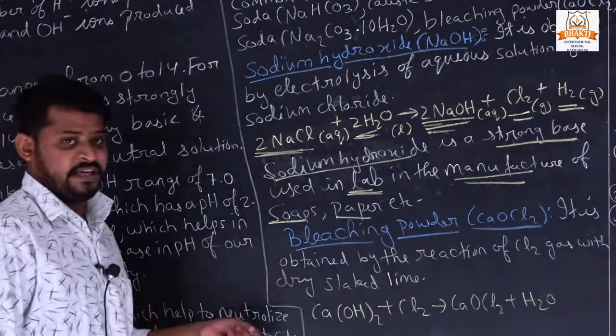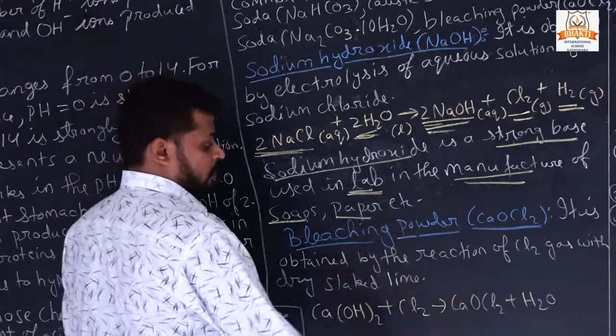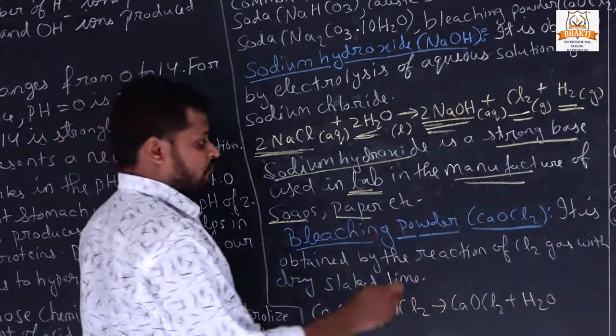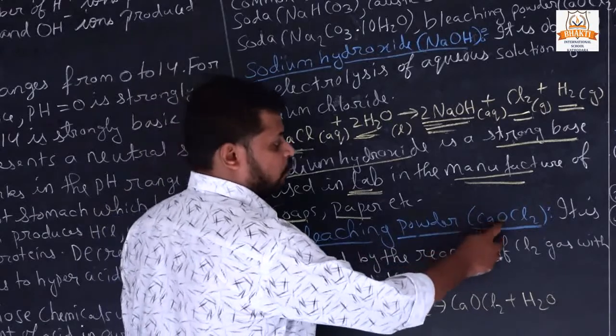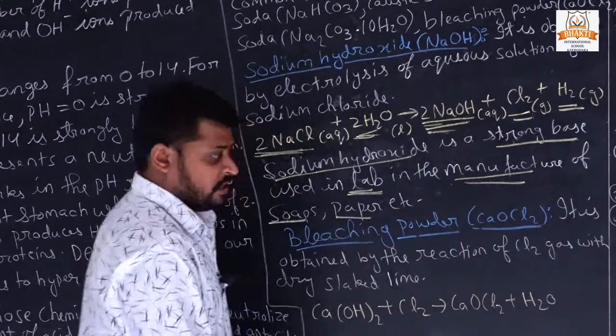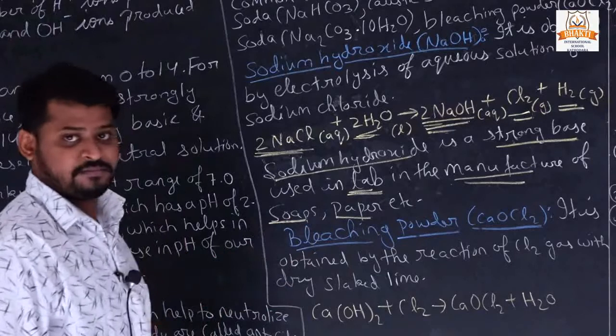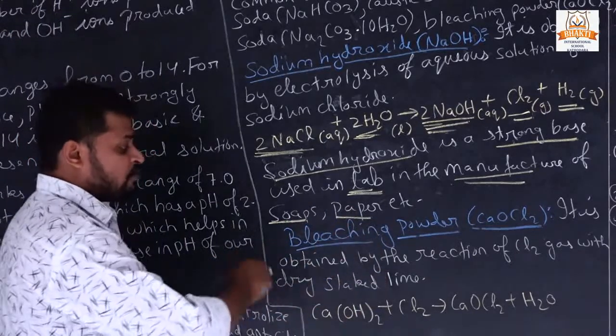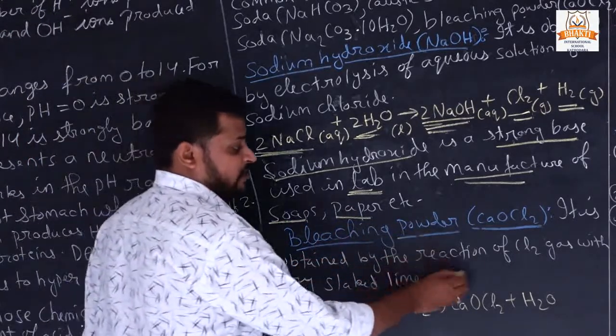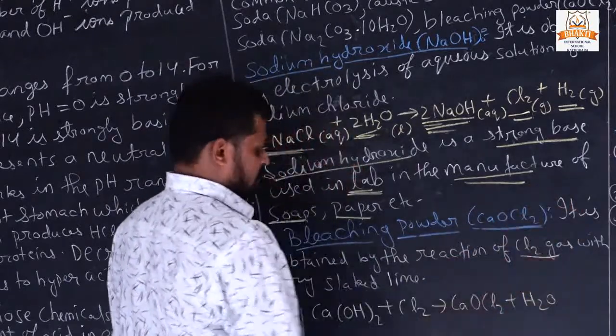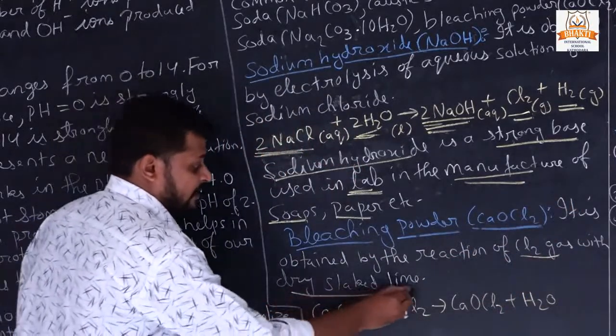Now our next topic is bleaching powder, and the molecular formula of bleaching powder is CaOCl2. How is it obtained? It is obtained by the reaction of chlorine gas with dry slaked lime.